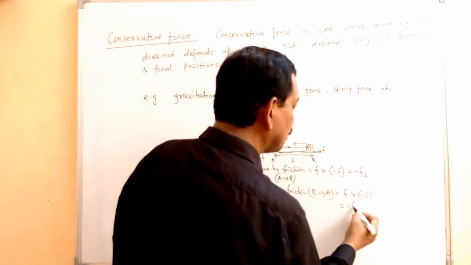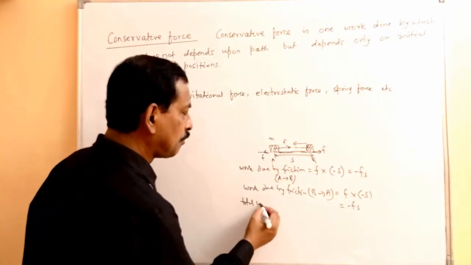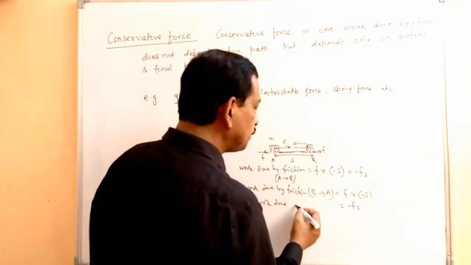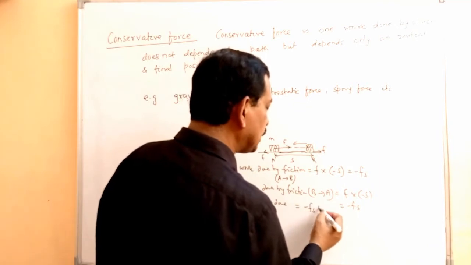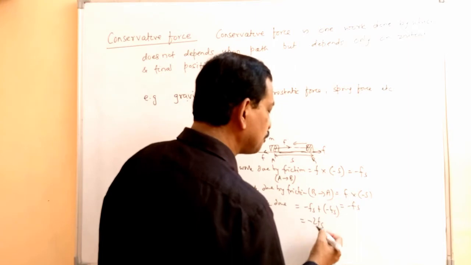So it is minus fs. The total work done will be minus fs plus minus fs, which is minus 2fs.